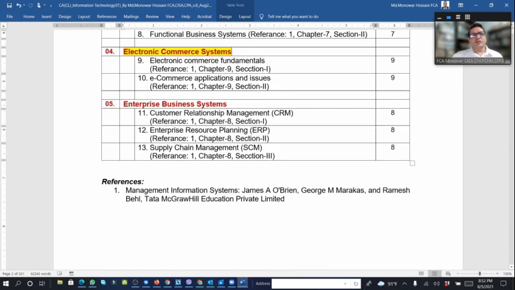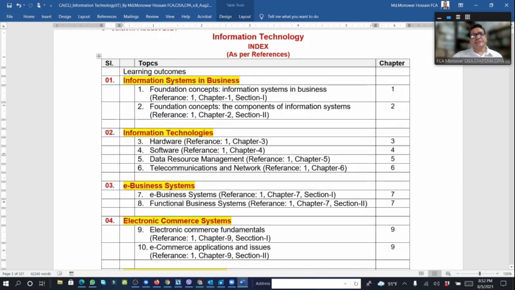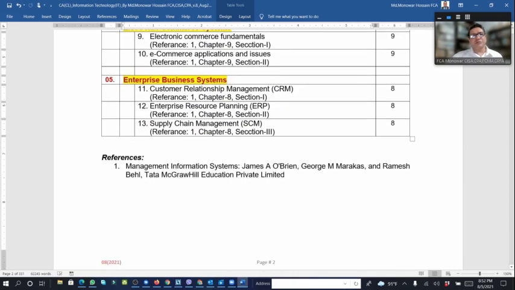And also chapter 5 or module 5, we can say enterprise business systems. Within enterprise business systems, we have 3 topics: customer relationship management, CRM, enterprise resource planning, ERP, and supply chain management, SCM.